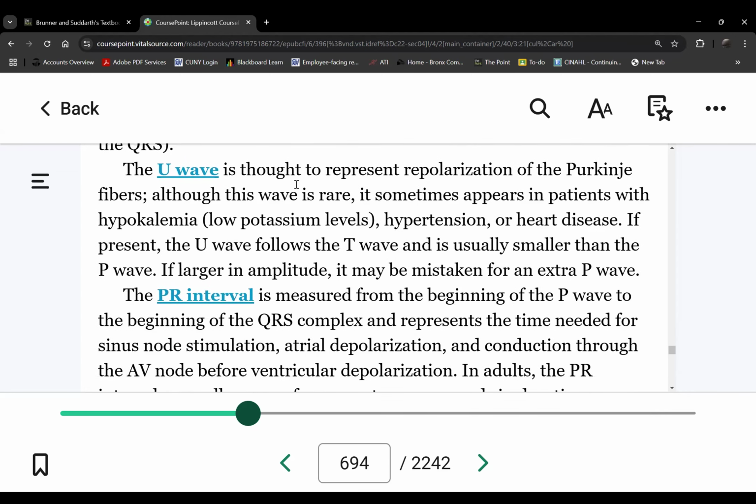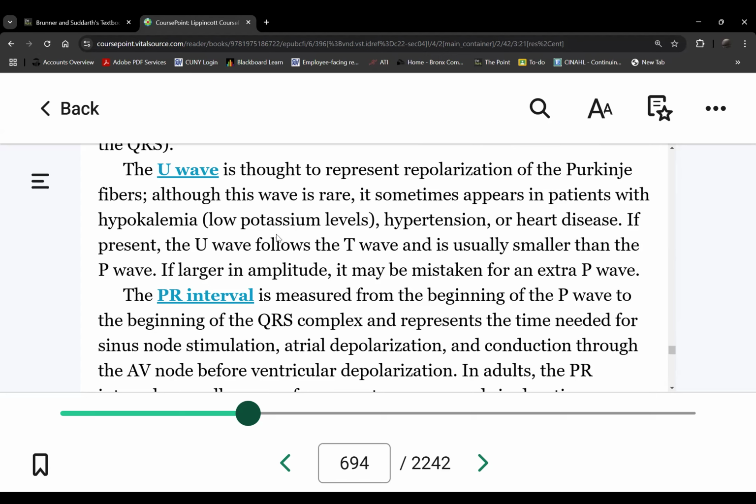We don't really need to know the U wave, because the U wave is very seldom seen. In a typical ECG reading, in probably 9 out of 10 patients, you won't see a U wave. U waves are usually seen only in potassium abnormalities, for instance with hypokalemia.